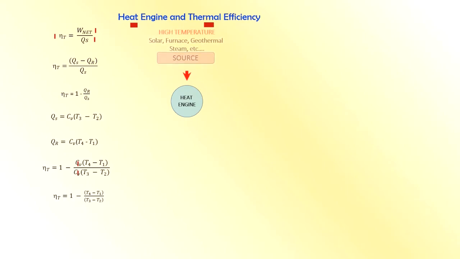The heat engine will utilize the heat that is supplied and convert it to work, or net work output. But definitely not all the heat energy supplied to the heat engine can be converted to work. The heat energy which cannot be converted to work will have to be rejected to a lower temperature region.